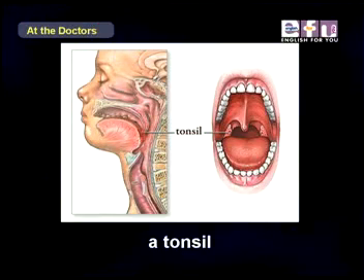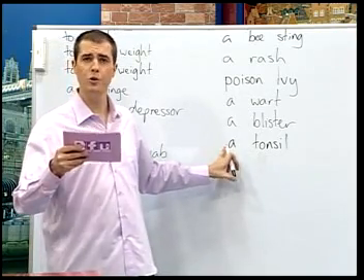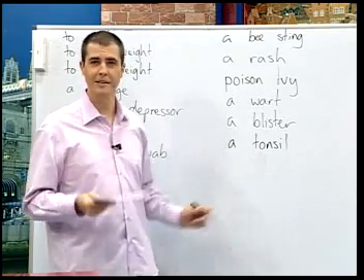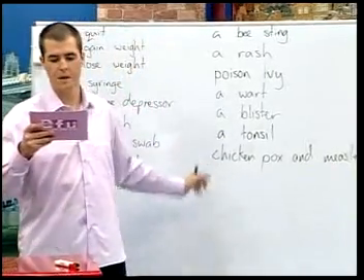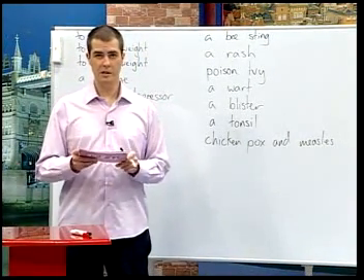A tonsil is one of two small pieces of flesh at the sides of the throat near the back of the tongue. Chickenpox and measles are two infectious childhood illnesses.